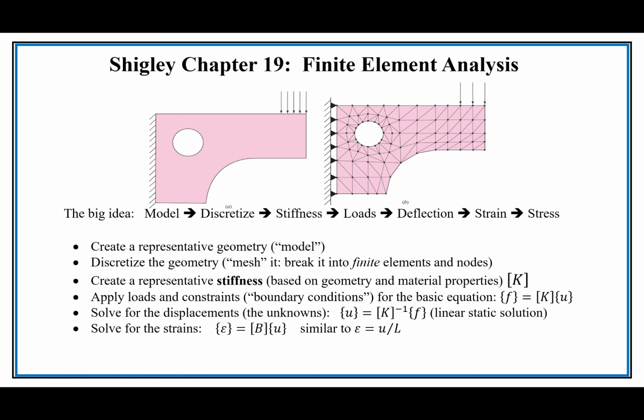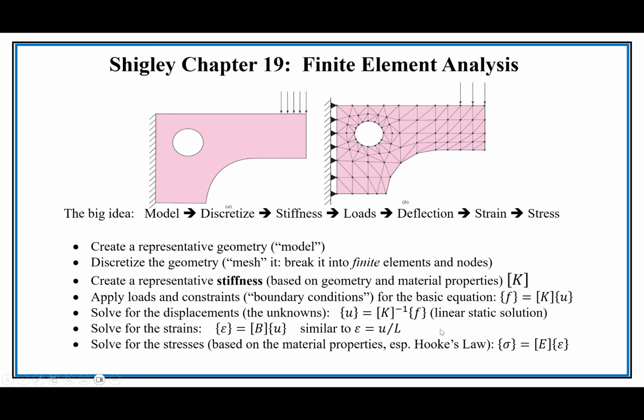And then once the U's are found, we're able to use geometry to find strains. In the simplest case, the strain is equal to the displacement divided by the initial position. And then we solve for stresses by way of using Hooke's law.